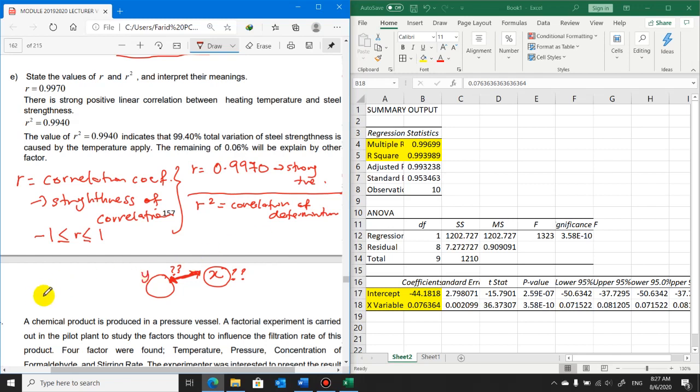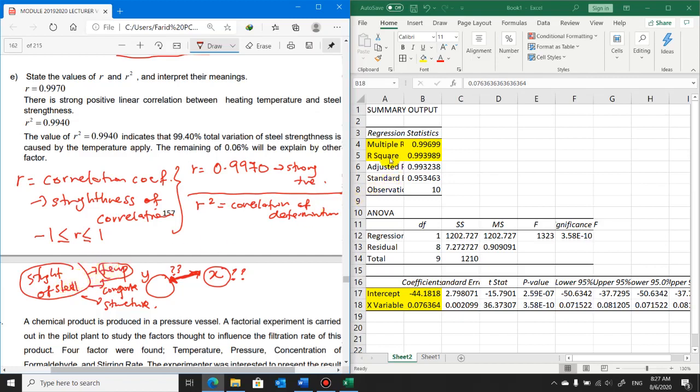Katalah kekuatan satu steel, mungkin disebabkan oleh temperature, mungkin disebabkan dia punya composite, mungkin disebabkan oleh dia punya structure, macam mana bahan dalam dia. Okay, so antara tiga ni untuk you all kita cuma belajar satu X je. So sekarang kita nak siasat temperature, hubungan temperature dengan strength of steel. So berapa banyak this one mempengaruhi for this one.